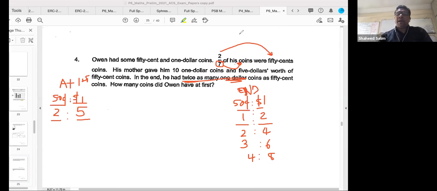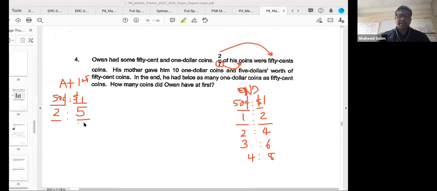So the mother gave him how many $1 coins? Now here they tell you 10 $1 coins. So for $1 coins, you must plus 10. But 10 is how many units? We don't know.